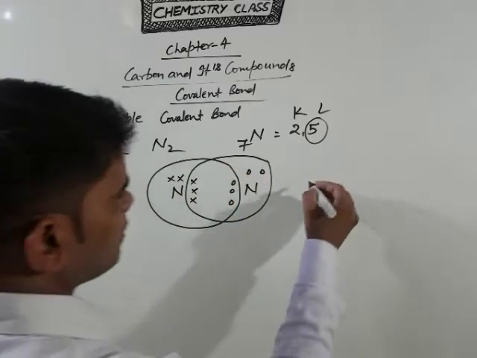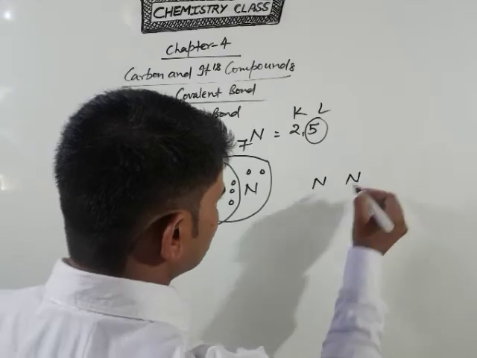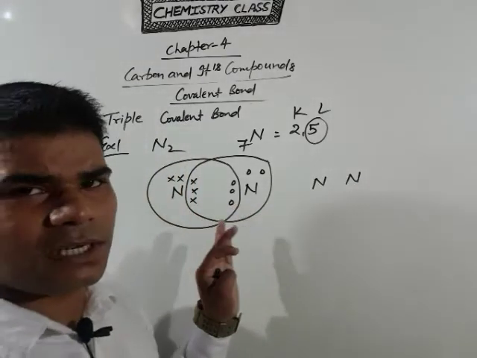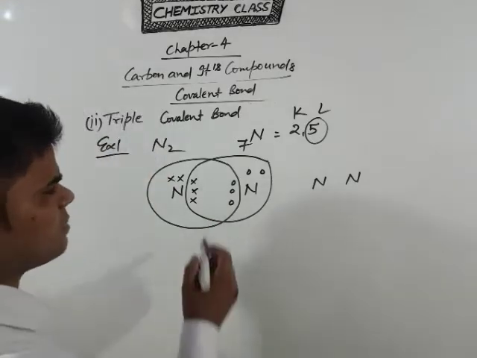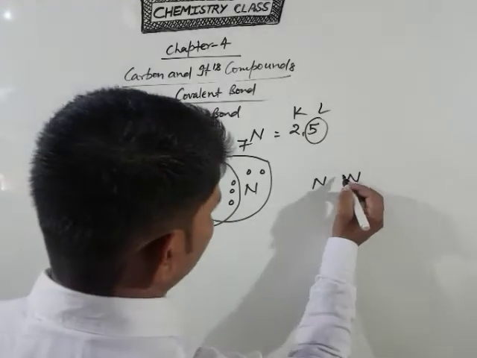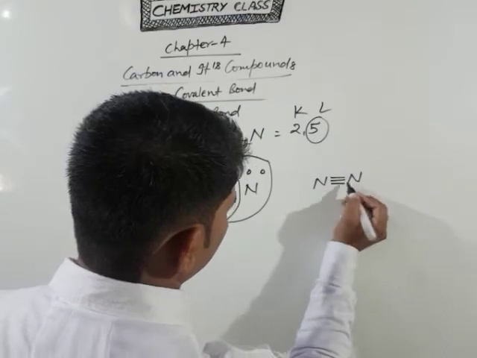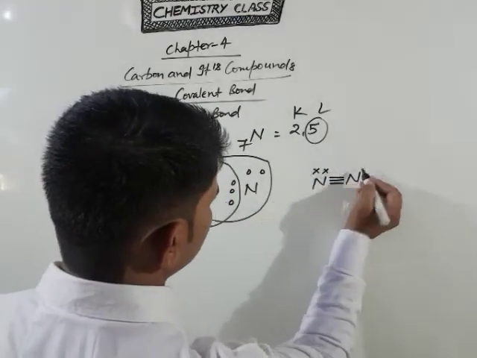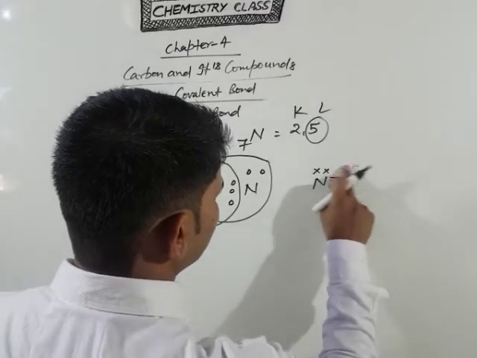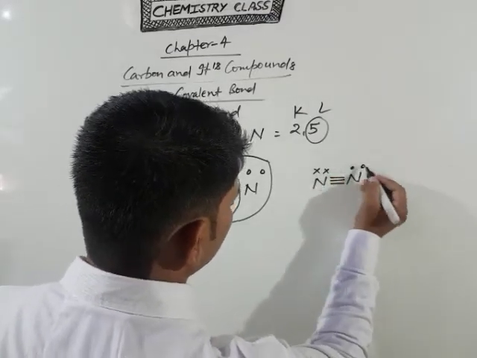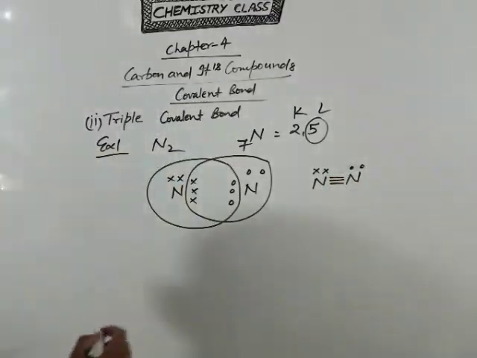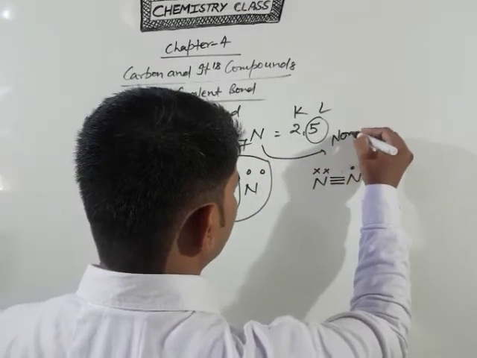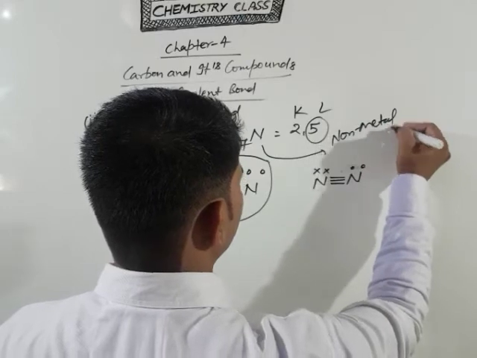In this case, between the nitrogen atoms, how many electrons are shared? 3. So that's why it creates a triple bond. And the free electrons? 1, 2 on one, and the other also has 2. So this is your nitrogen gas, and nitrogen is also a non-metal atom.